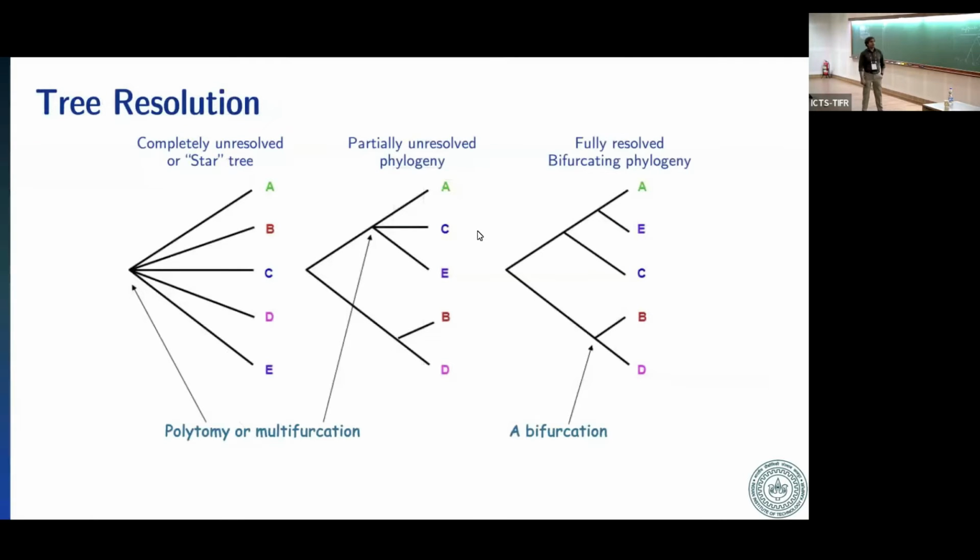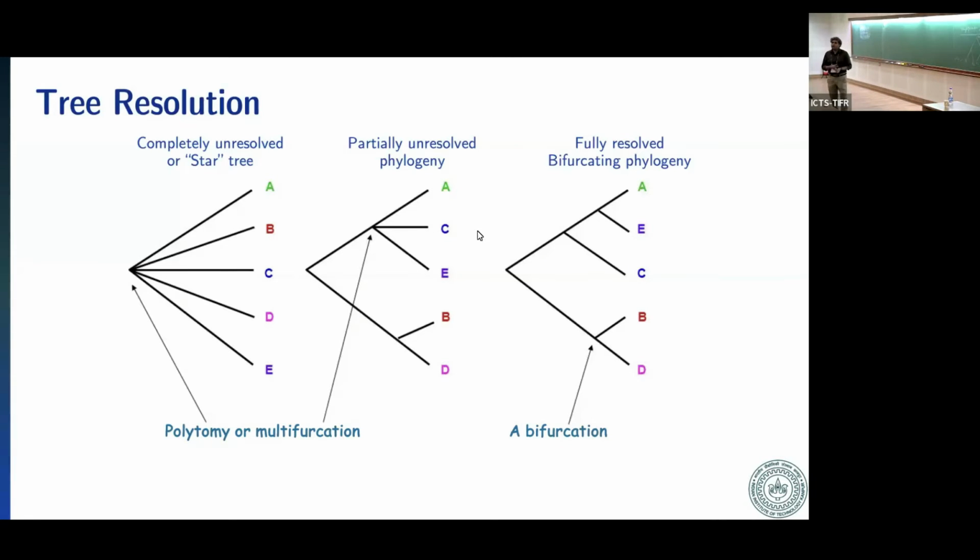Now coming back to this question of bifurcation versus multifurcation. What we are seeing over here is a specific type of tree, also called a star tree. You have a single root, and all the other nodes or leaves are connected to this particular root. This is an unresolved tree topology, where we have no idea whether any of these leaves are more similar or distinct from each other.